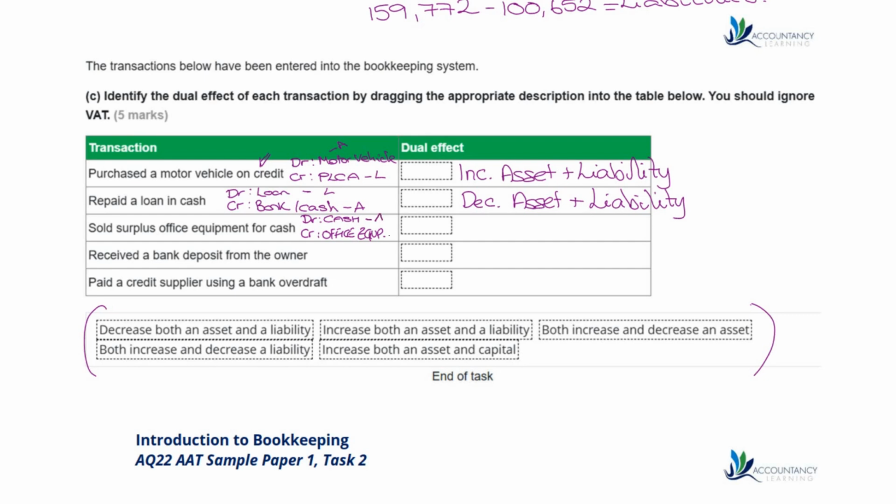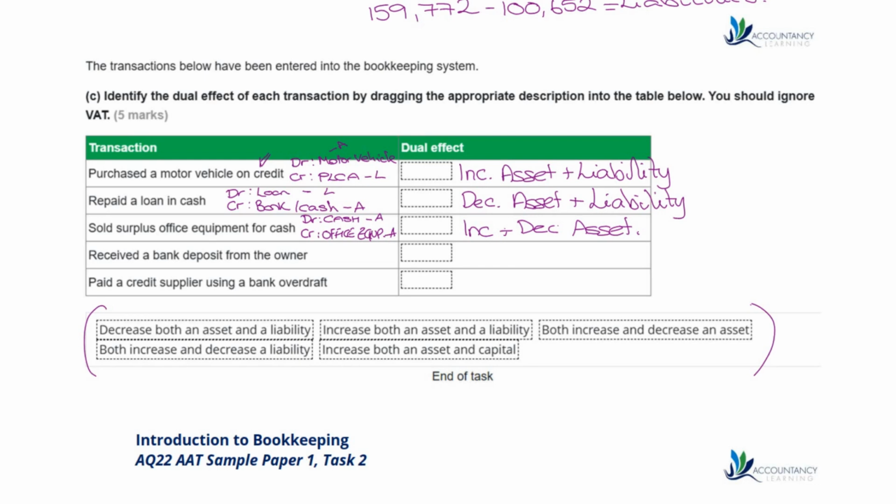Our cash is an asset account and our office equipment is an asset account. So we are going to be increasing our asset, and we're also going to be decreasing an asset as well. So it's going to be increase and decrease an asset account.